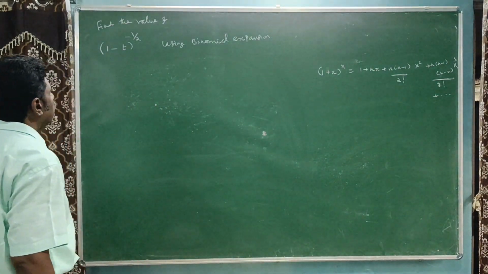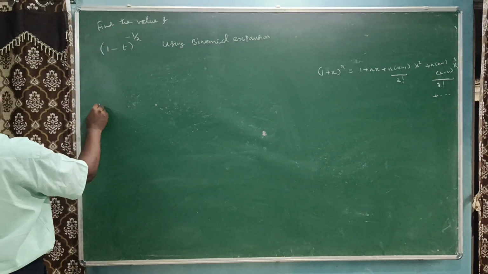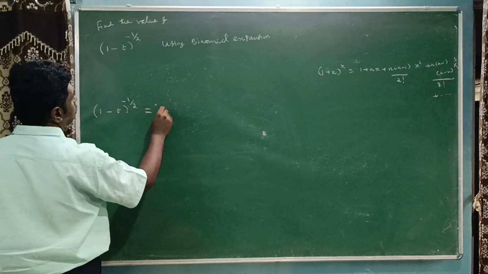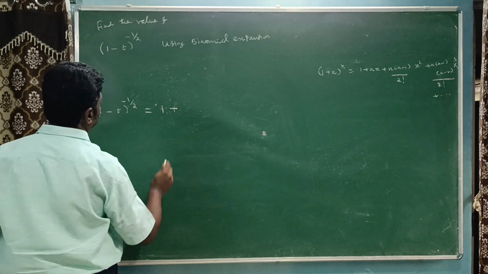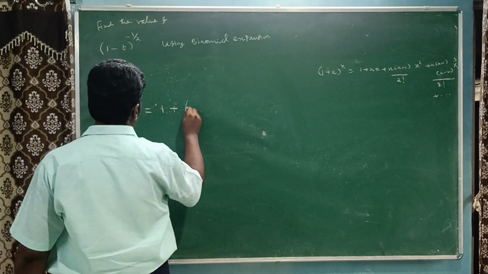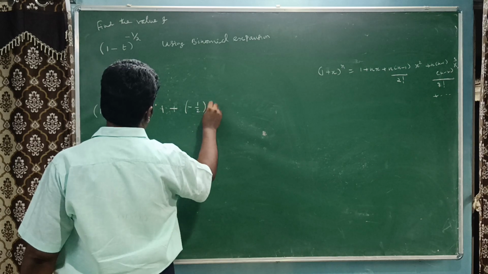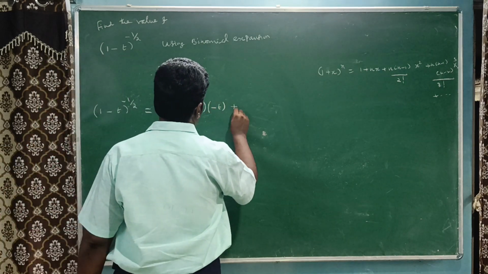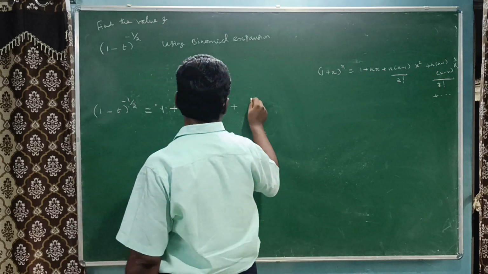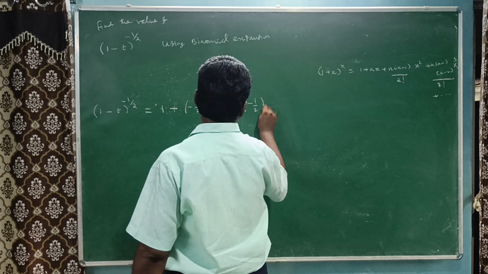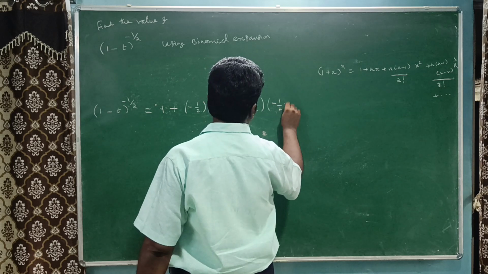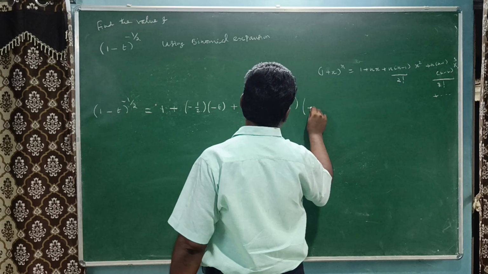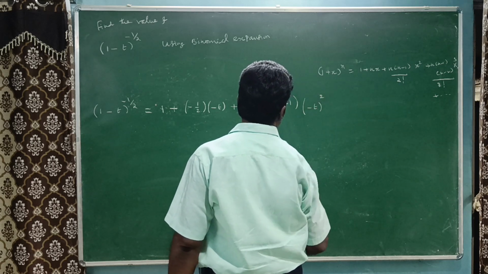Now we have to expand this using that formula. (1 minus t) to the power minus half equals 1 plus nx. Here the value of n is minus half, x is minus t, plus n(n minus 1), that is minus half into minus half minus 1, by 2 factorial x squared, that is minus t whole squared.